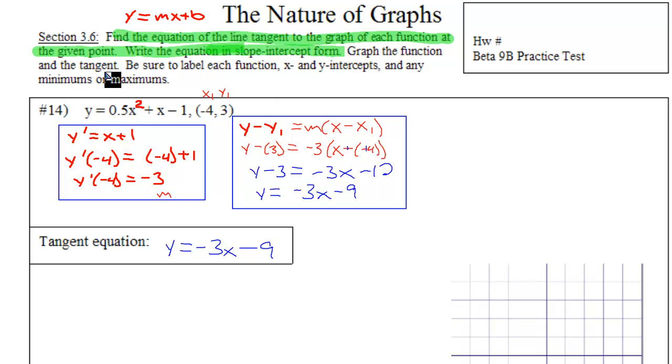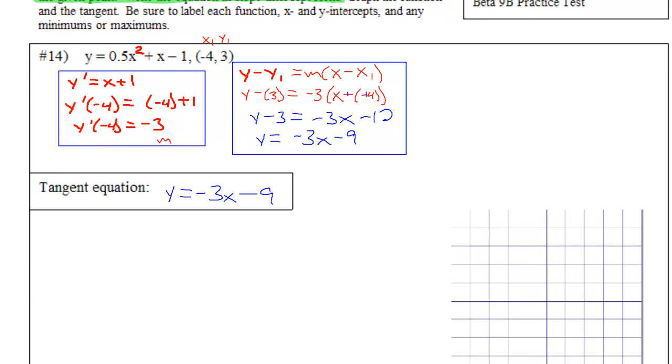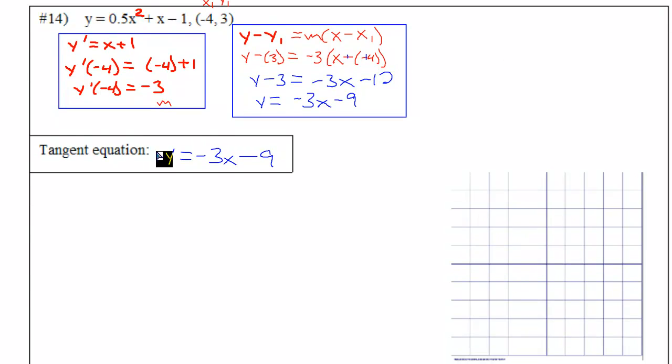Graph the function and the tangent. Well, I can't graph this function unless I know what its critical point is. We once again know it has one critical point because this is a parabola. We know that critical point's a minimum because the leading coefficient is positive. But it's not in the right form for us to know what that is just by looking at it.